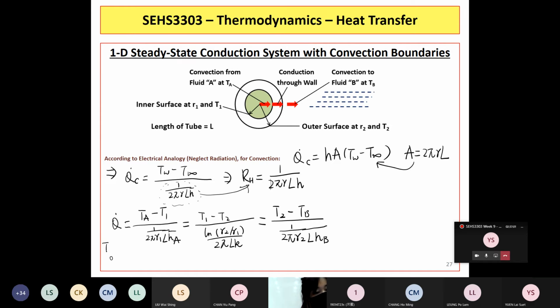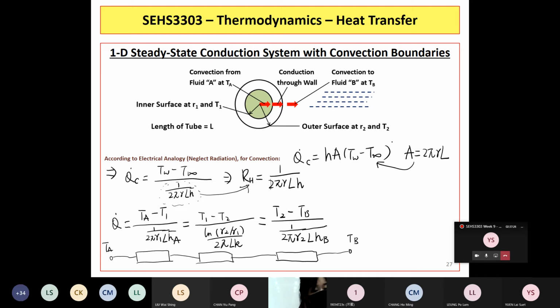Here we have TA, here we have TB, right? This should be the convection heat transfer and the conduction heat transfer, and again, convection heat transfer, right?